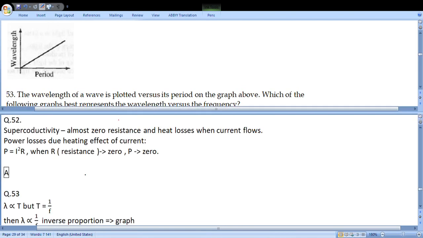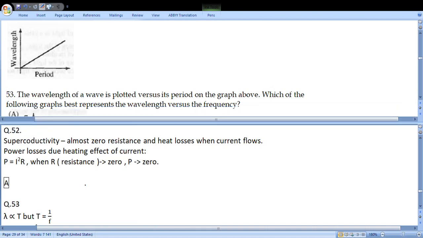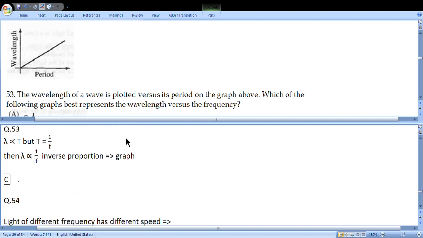Question 53. The wavelength of a wave is plotted versus its period on the graph above. Which of the following graphs best represents the wavelength versus frequency? Wavelength here is directly proportional to period, but period is 1 over f.